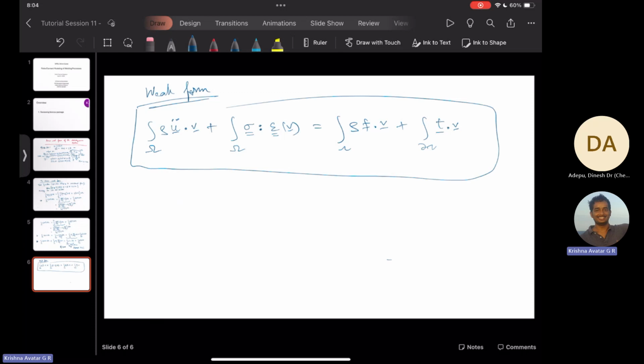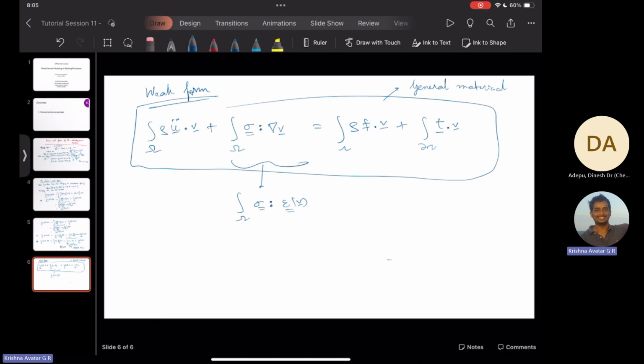Or ideally, what I should do is, let me just write it as grad v. This is for a general material, be it linear, nonlinear, doesn't matter. However, for linear problems, this can be written as epsilon of v vector.